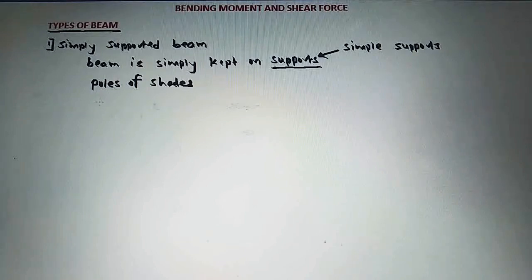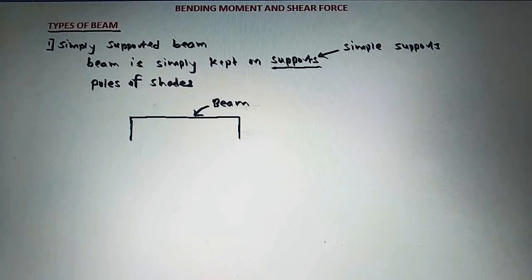The poles of the sheds is the best example of simply supported beam, where this pole is just kept on these two vertical poles here. So this horizontal pole is called as beam, and these are the two vertical poles.